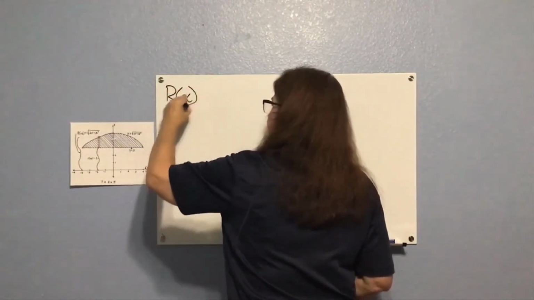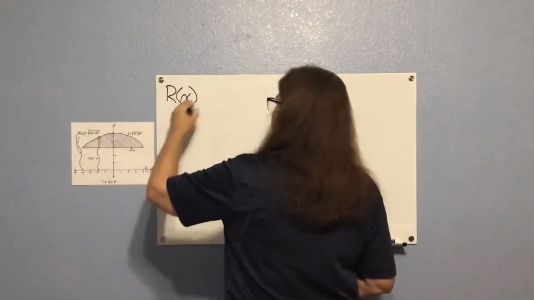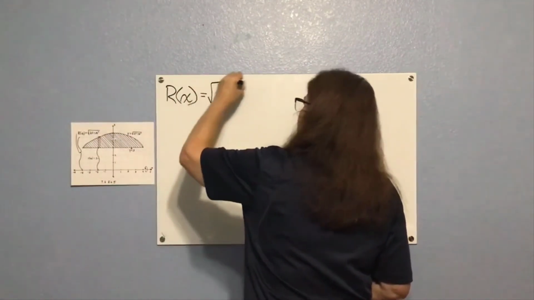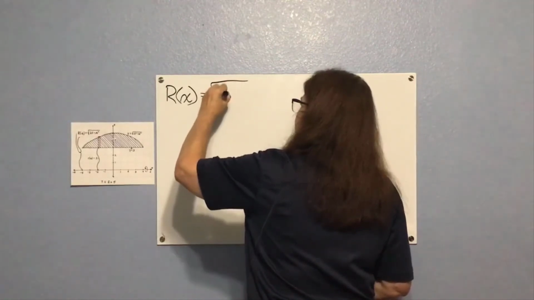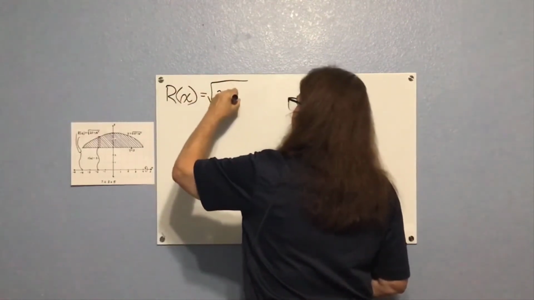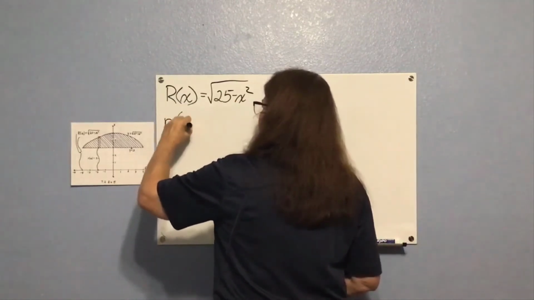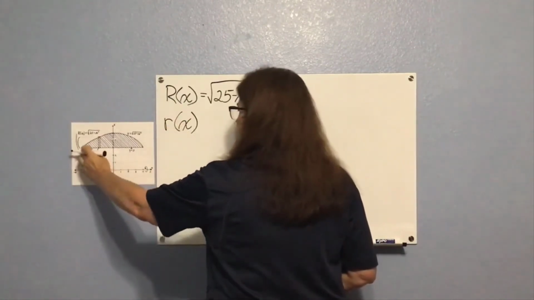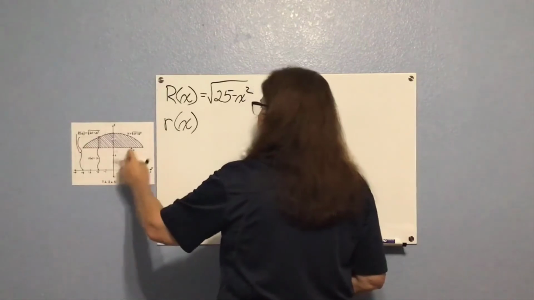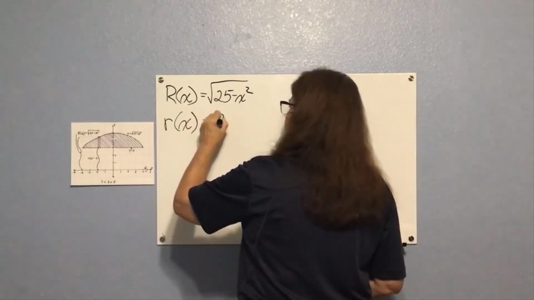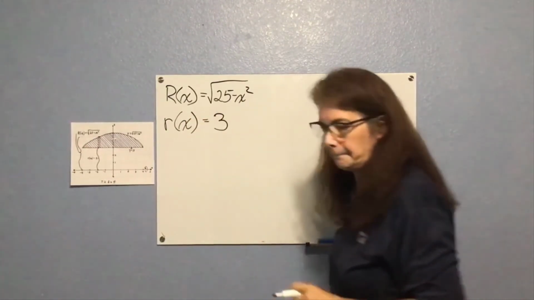R of x is equal to this expression, square root of 25 minus x squared. Little r of x is right here, so that's going to be constant at 3.